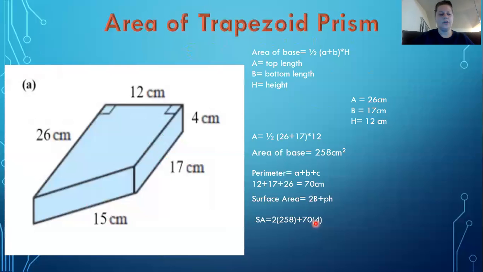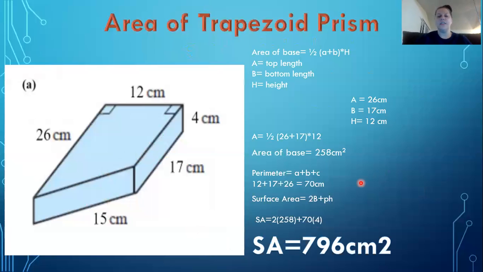We're going to do 2 times 258 plus 85, because I made a mistake and forgot to add that 15 into our perimeter, times 4. On my slide I have our surface area as 796, and it is actually 852 centimeters squared. Again, I apologize. So that is how to find the surface area of our trapezoid prism.